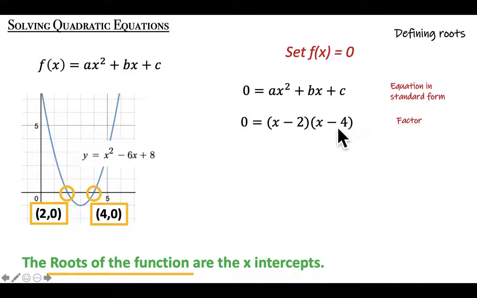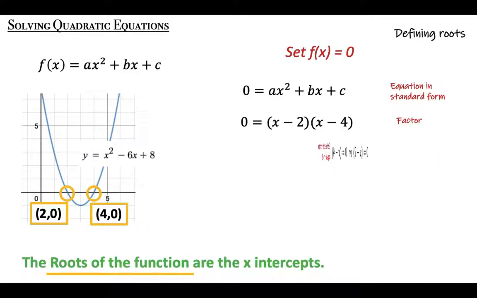That's a lot of steps. But for now, just trust me that this equation that you see plotted in blue on the grid is factored into the two binomials, x minus 2 times x minus 4. To find the roots from this, we need to set each of these equal to 0. And we'll talk a bit about why that's the case in a moment.